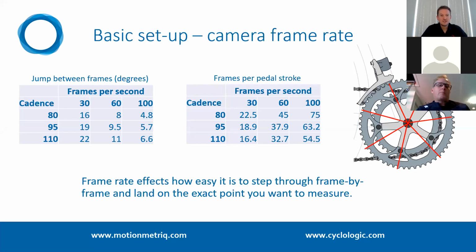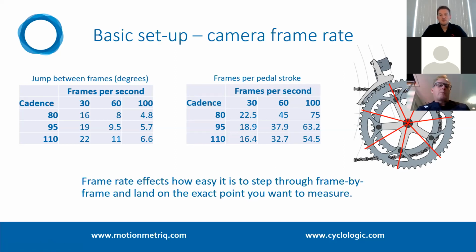So there's 360 degrees through a pedal stroke, creating a circle. Each frame is going to be 16 degree steps through that pedal stroke. Then if you go up to 110 RPM and you have a camera that captures at 100 frames per second, those steps become only 6 degrees, so they're much smaller, much easier to freeze the frame in exactly the point that you want to analyze.